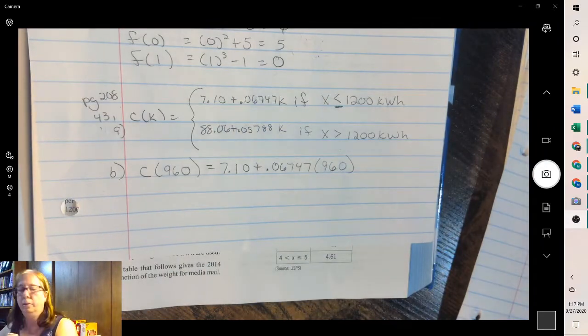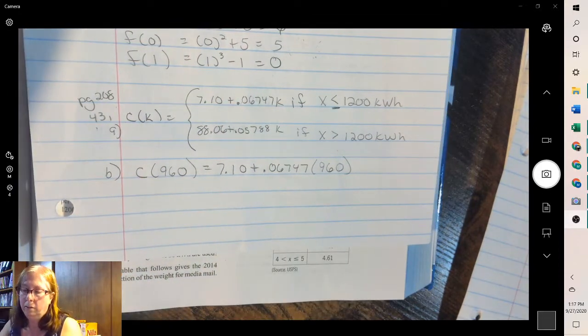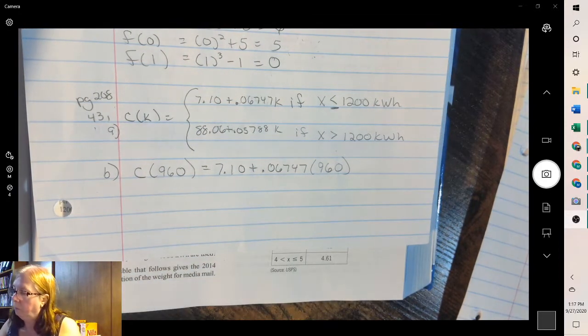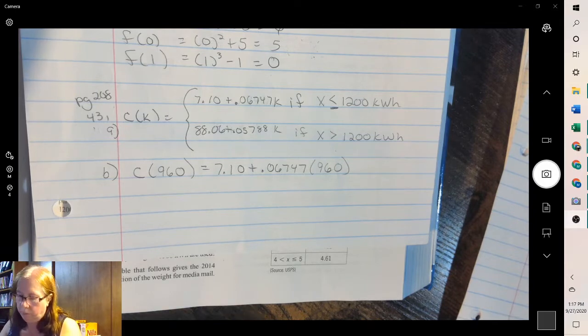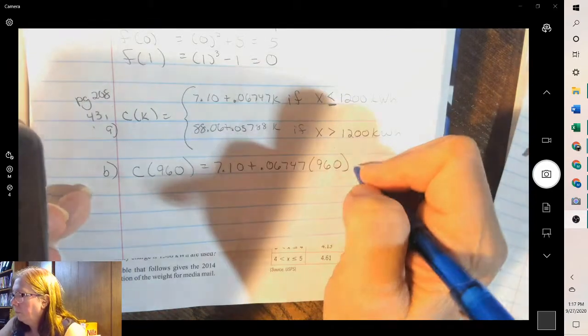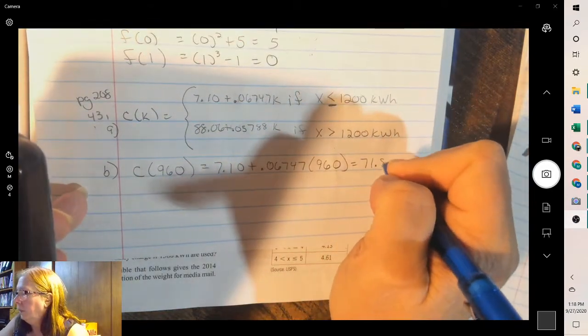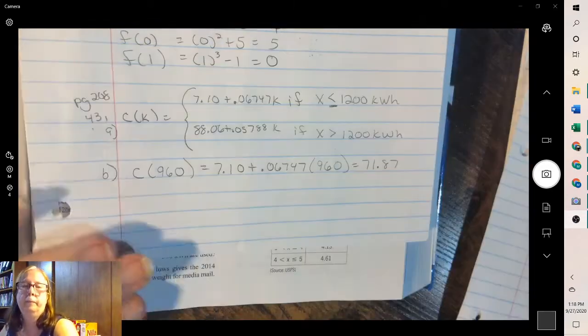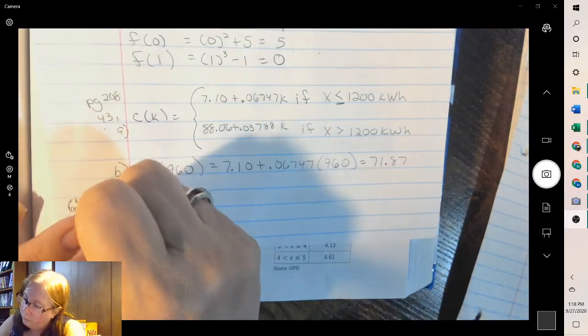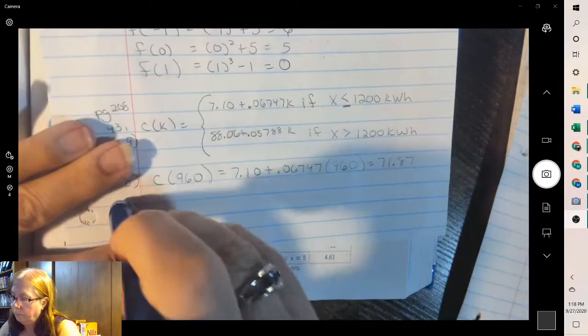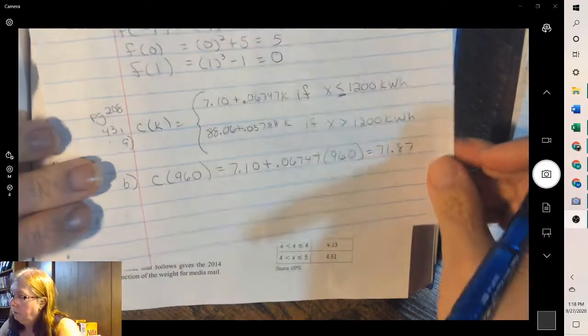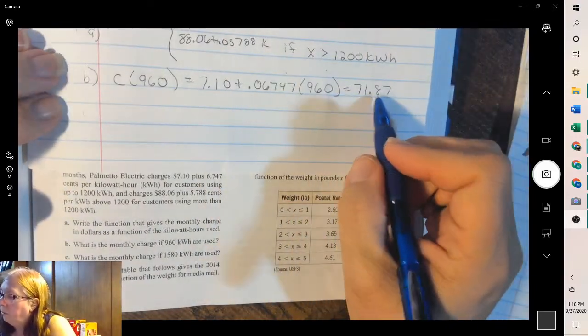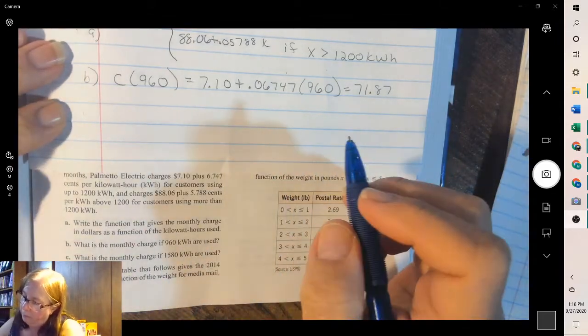And we plug that into our calculator. 7.1 plus 0.06747 times 960. $71.87. 960 kilowatt hours would cost $71.87.